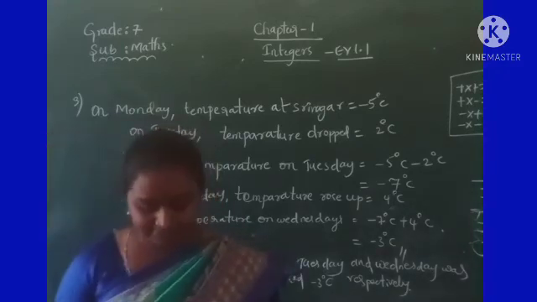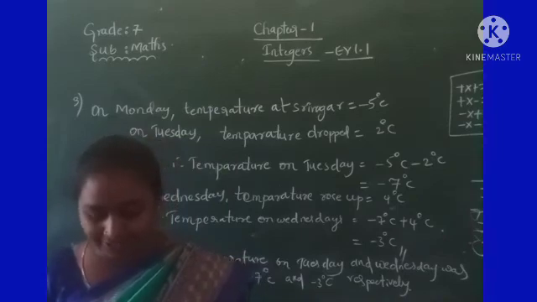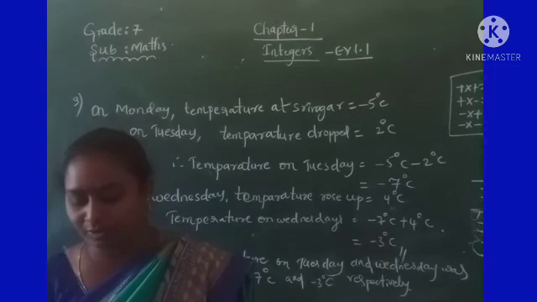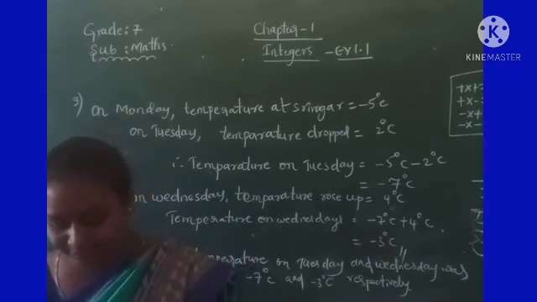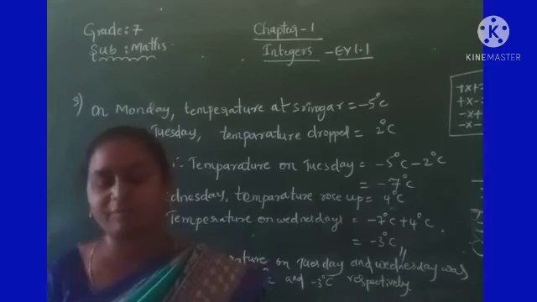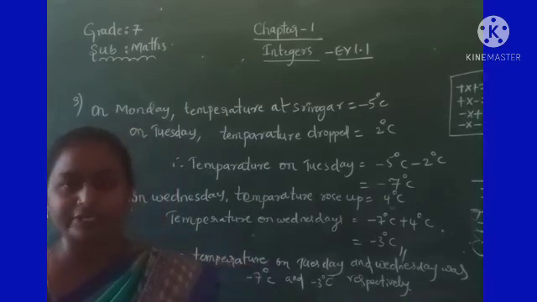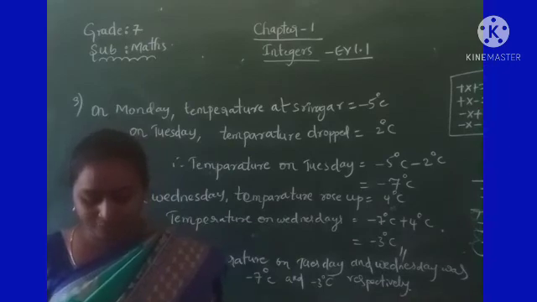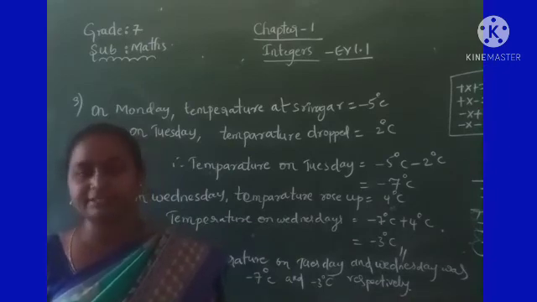A plane is flying at the height of 5,000 meters above the sea level, and at a particular point it is exactly above a submarine floating 1200 meters below the sea level. What is the vertical distance between them?